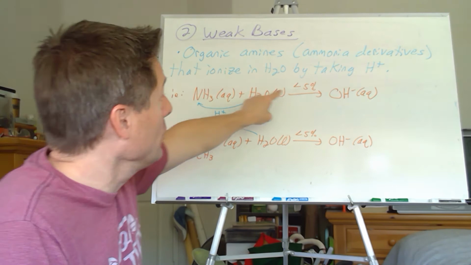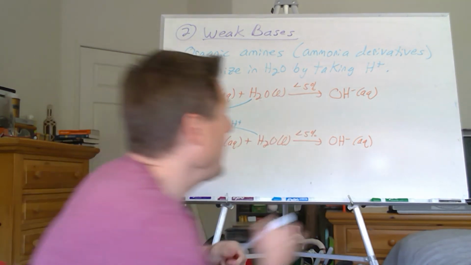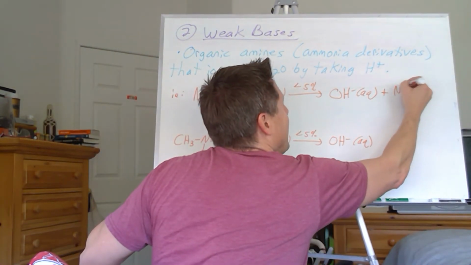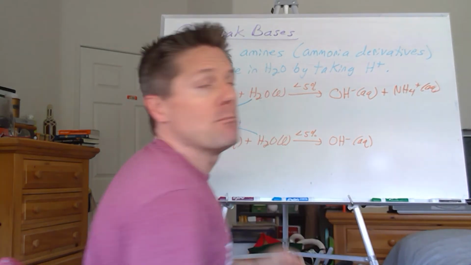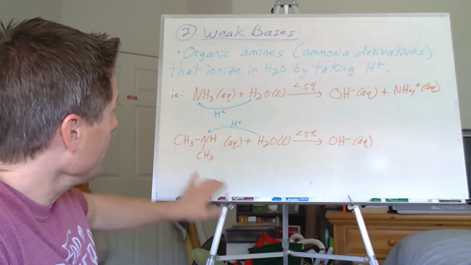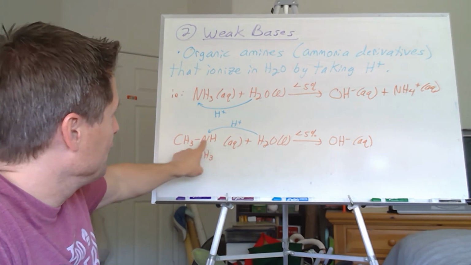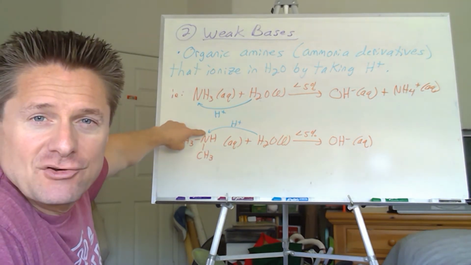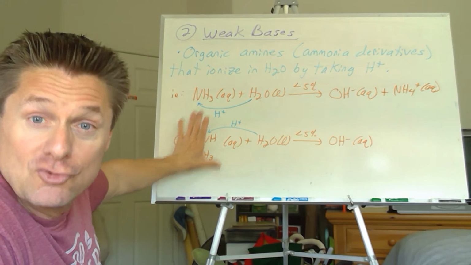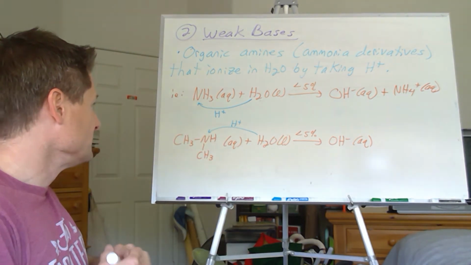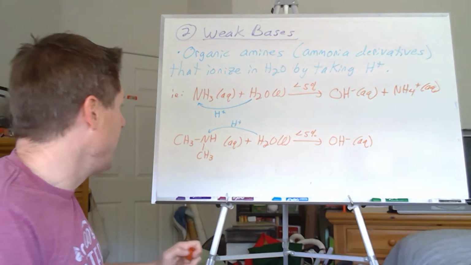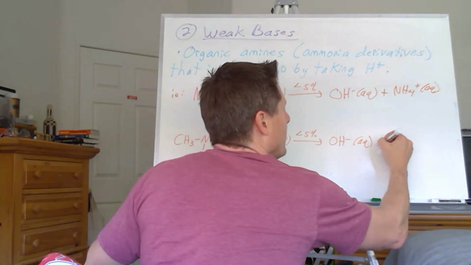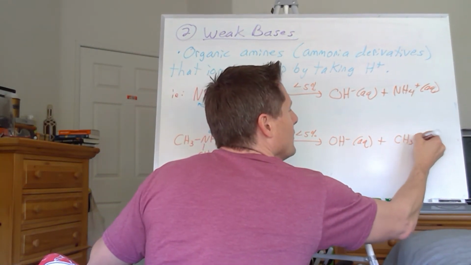It went from neutral, picked up an H+, so it becomes positive. For this one, we pick up the hydrogen, so we're going to stick another hydrogen on the nitrogen, and it goes from neutral to a +1 charge. So it's the ammonium form of that. So let's redraw this. Gets a little crazy.